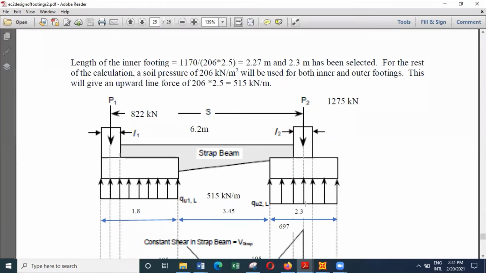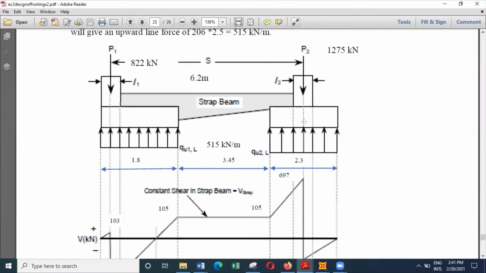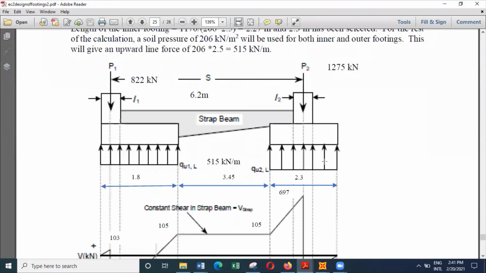we have to find the suitable size for this base. We know the width is 2.5, and then from below we get a force of 1170, and also we like to have the pressure underneath this to be equivalent to 206.